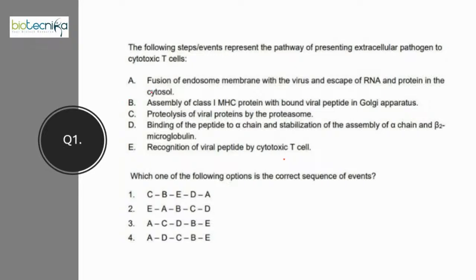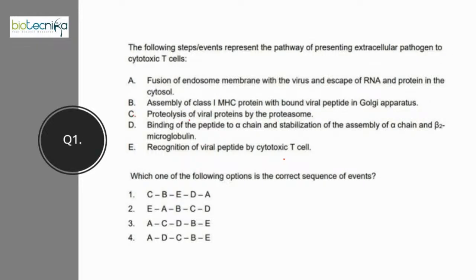Number 1, fusion of endosome membrane with the virus and escape of RNA and protein in the cytosol. Next, assembly of class 1 MHC protein with bound viral peptide in Golgi apparatus.